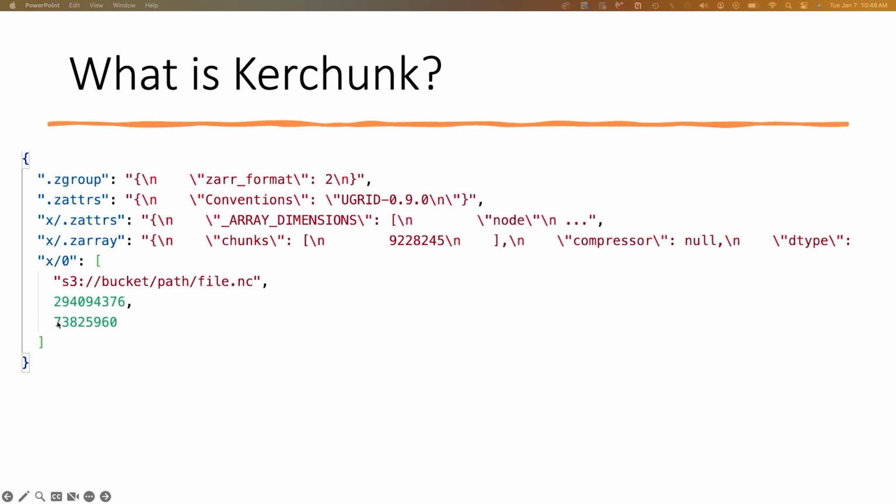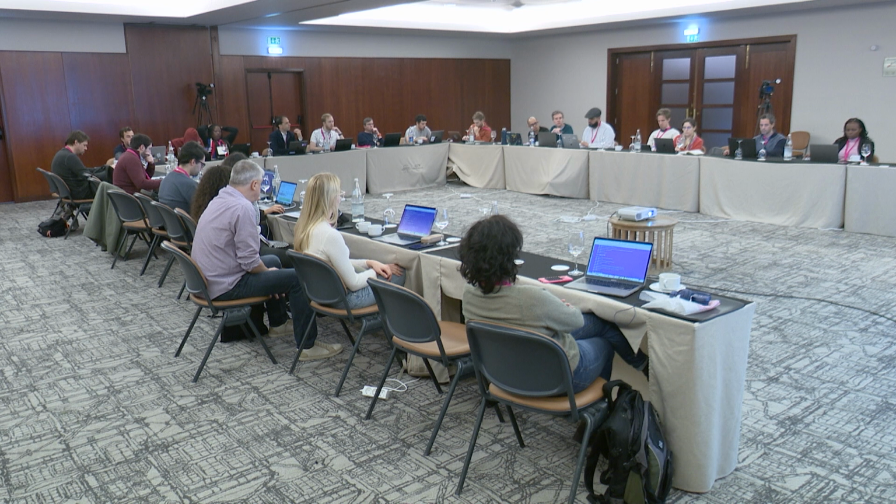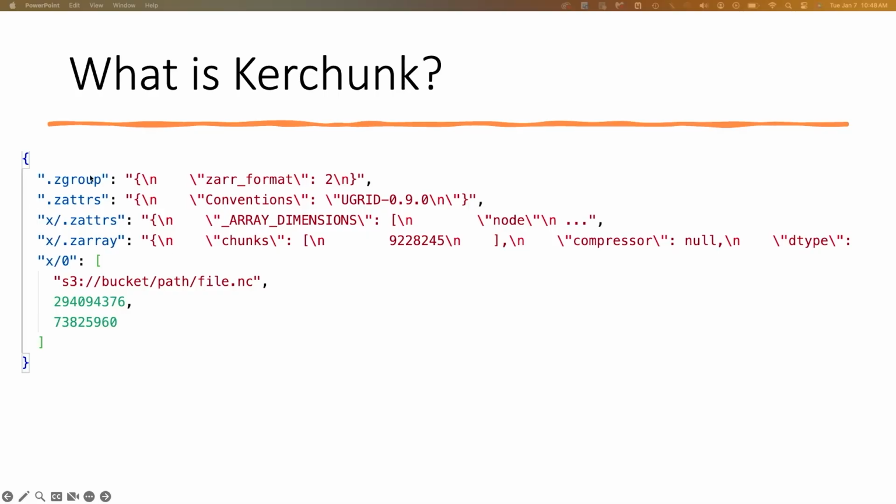Is this still within the ZAR spec or is it an extension? This is an extension to that. What has basically been done by kerchunk is that they fake your file system. So what you show ZAR is a file system that has all of these keys, right?